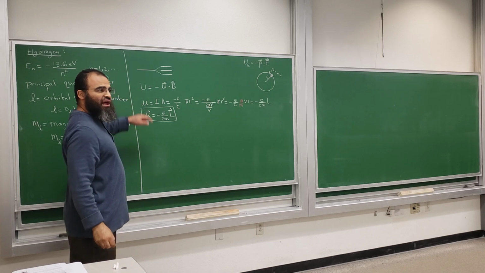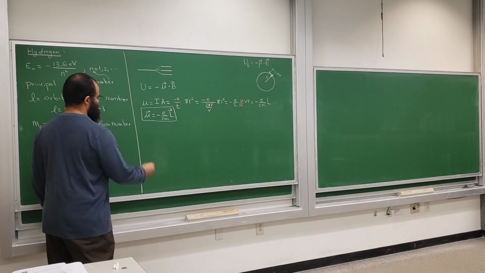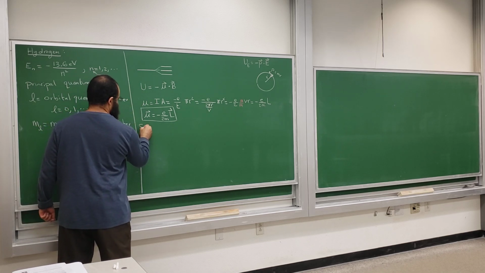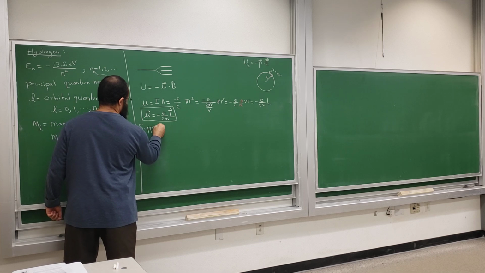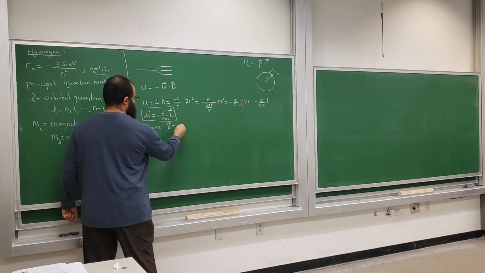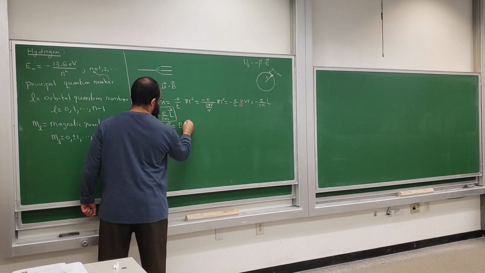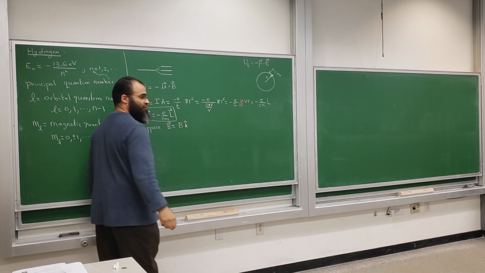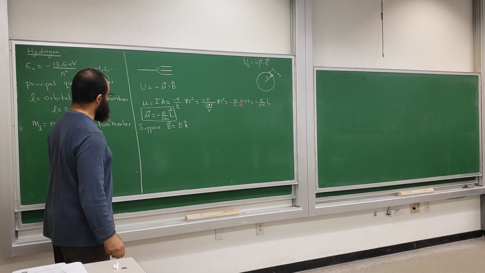Now, let's see what happens when we apply a magnetic field. Suppose the magnetic field is applied in the z direction. Okay, magnetic field is in the z direction.